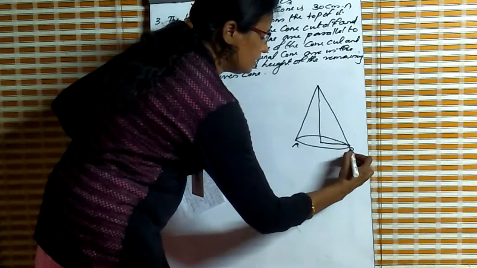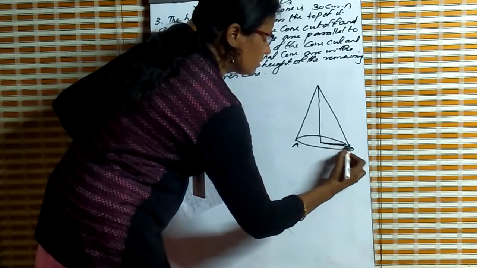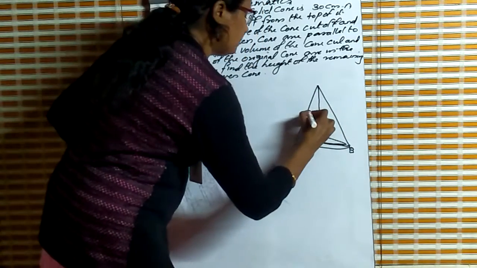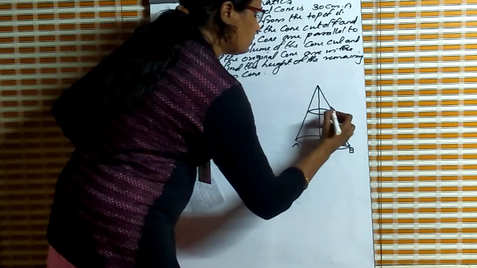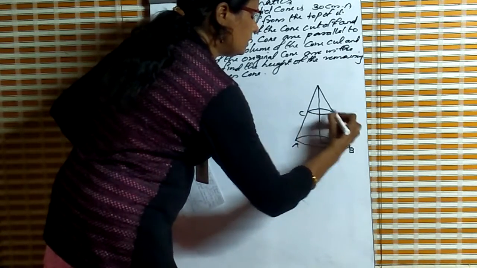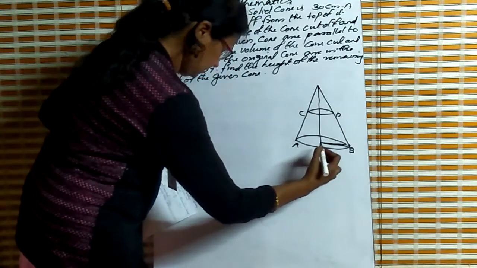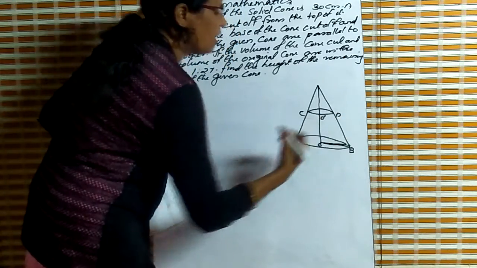A, B, another cone cut off C, D, and also CD parallel AB, and this point is O and this is O dash.